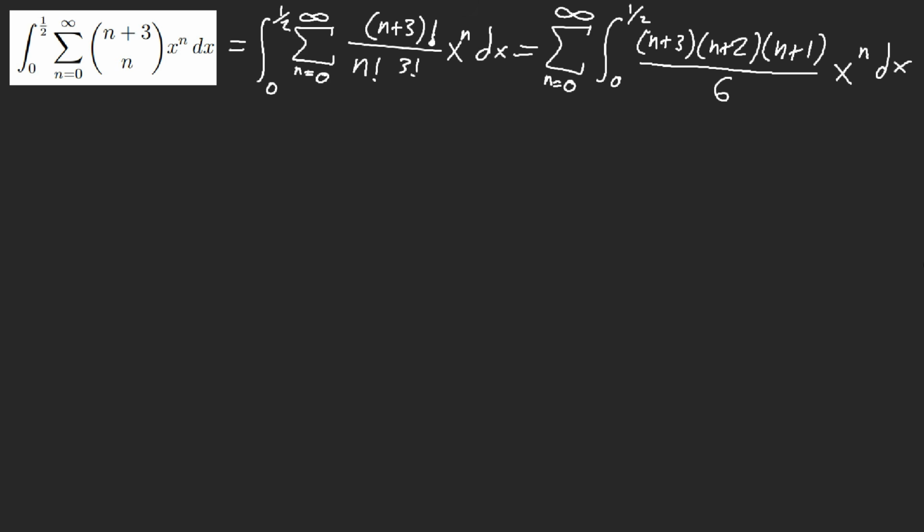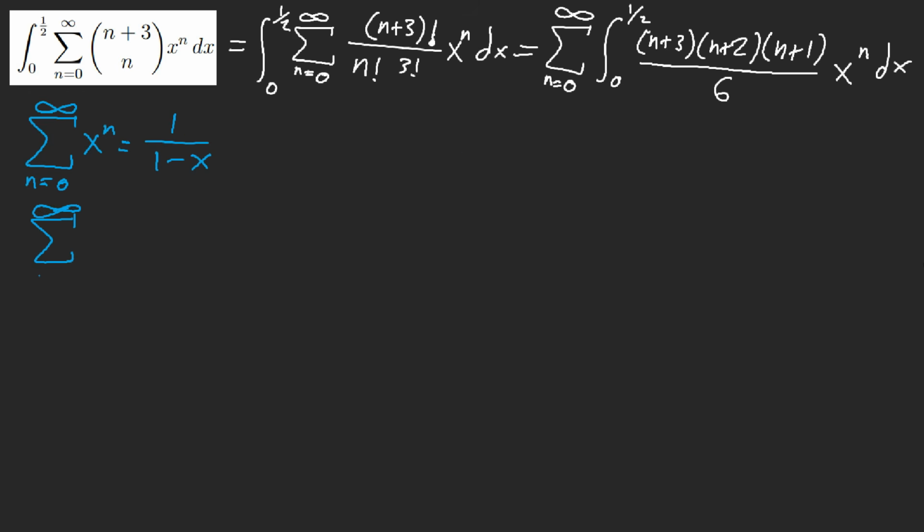What we're going to do is technically construct a sum formula. We know that this is a geometric series: the sum of x to the power of n is equal to 1 over 1 minus x. Let's multiply both sides by x cubed.